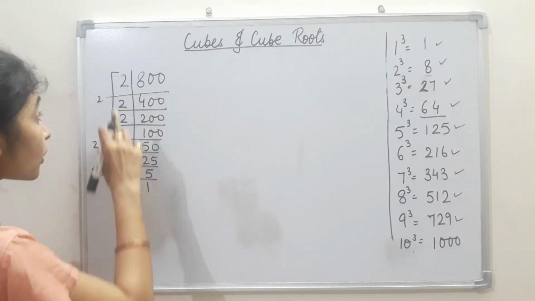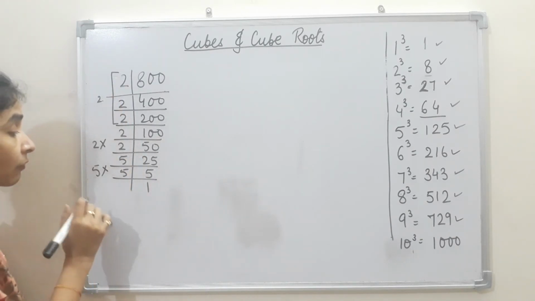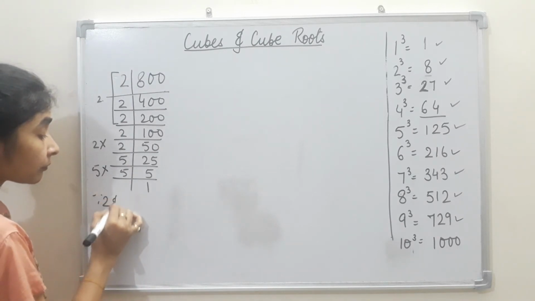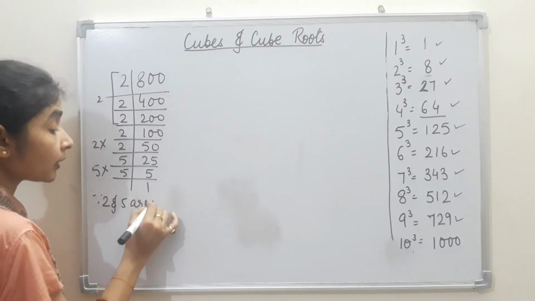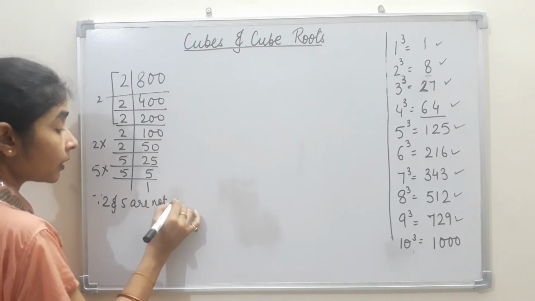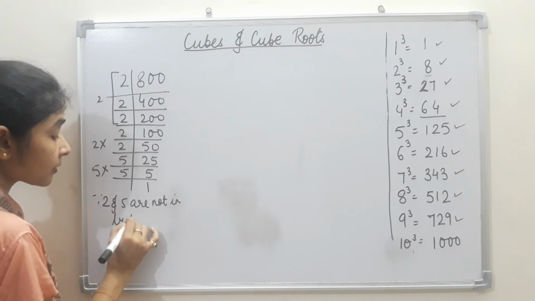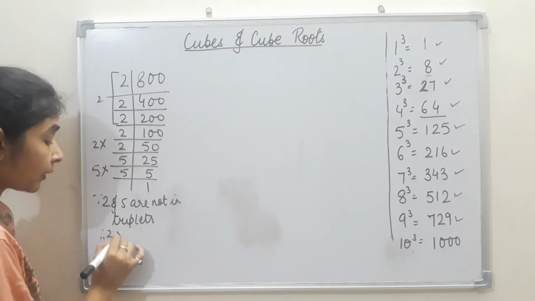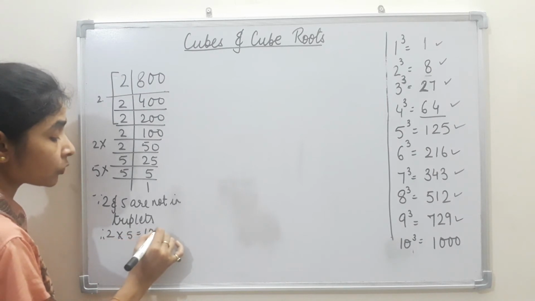Isn't it? So, what should be multiplied to 800 here? What we are supposed to write? Since 2 and 5 are not in triplets, therefore, what should be multiplied? Therefore, 2 into 5 is equal to 10 should be multiplied.